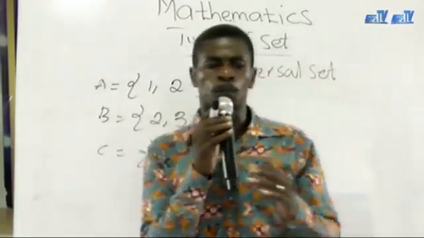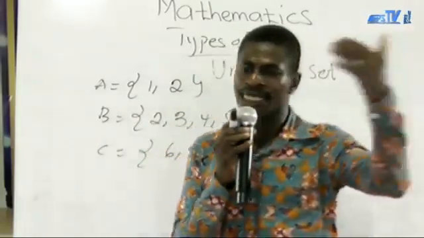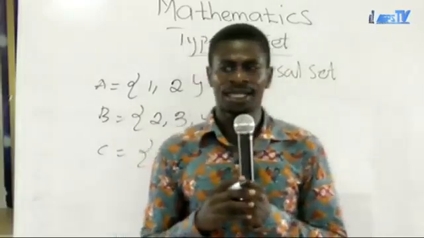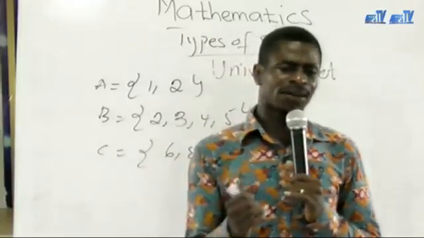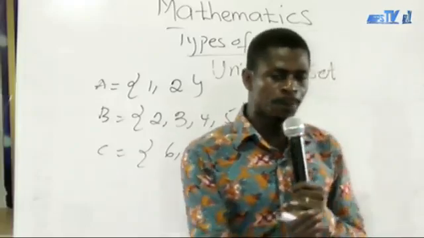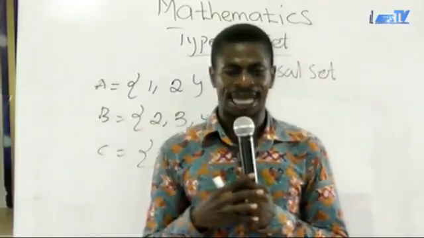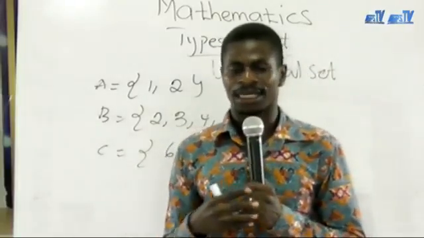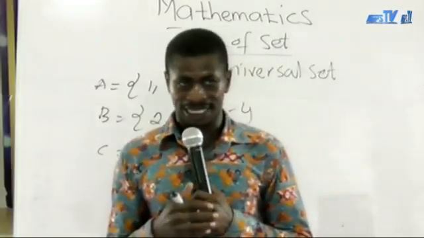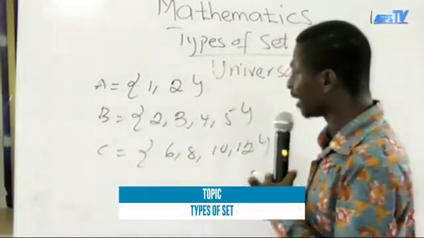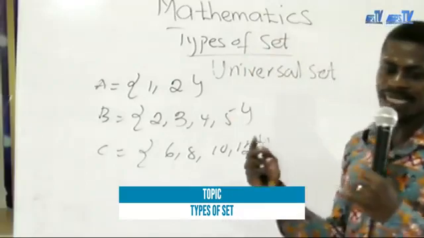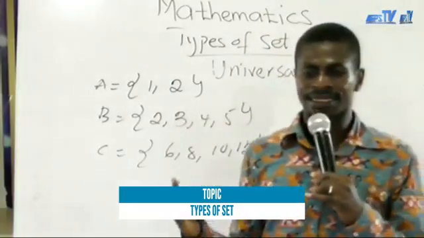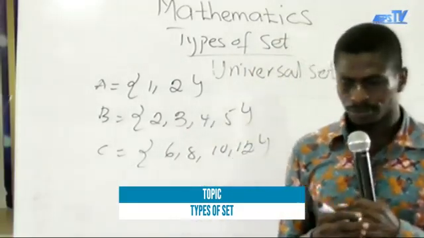But when we put all these departments together, we have Abundant Grace School. So Abundant Grace School consists of all these departments I have just outlined. And so we call it a universal set. So the universal set is the bigger set or the mother set through which all the other sets are built.